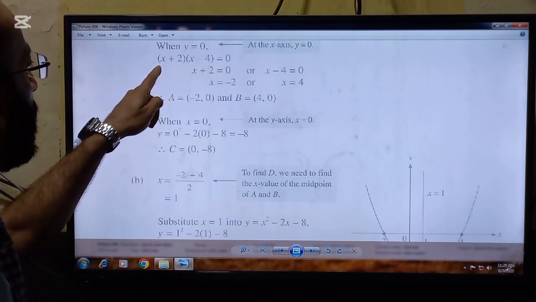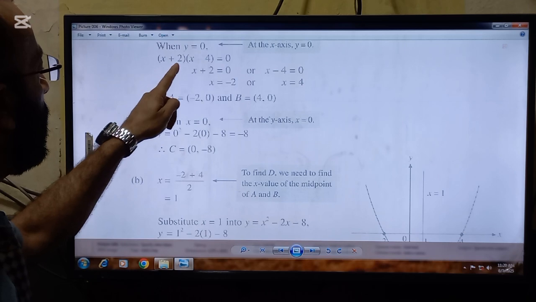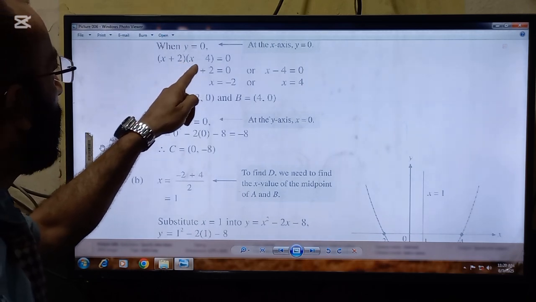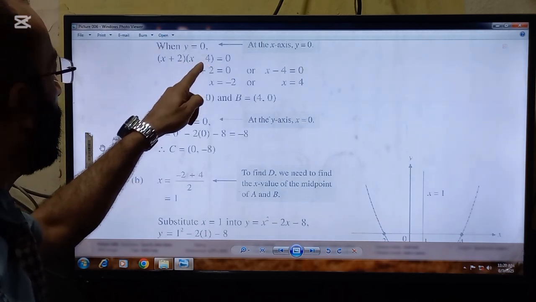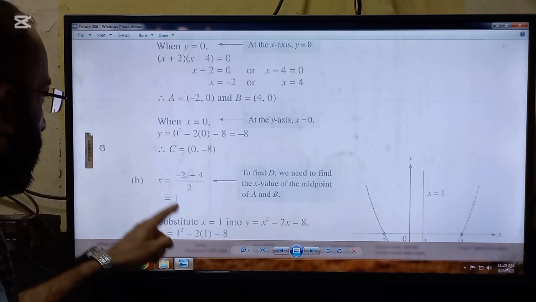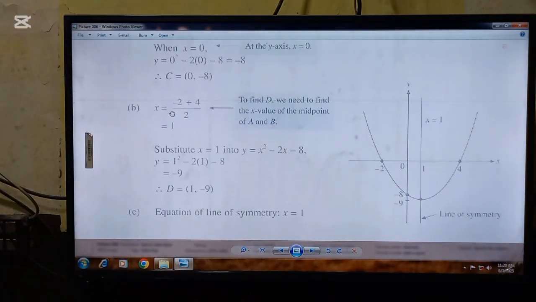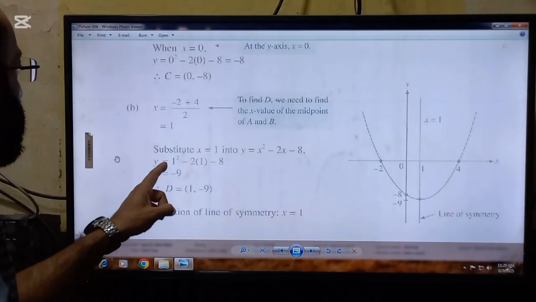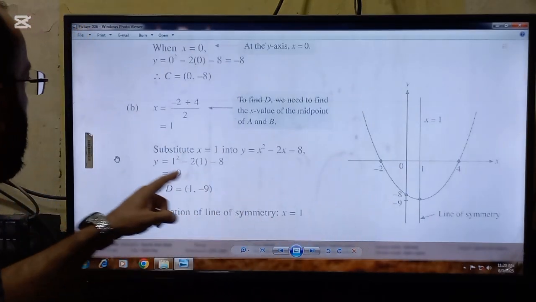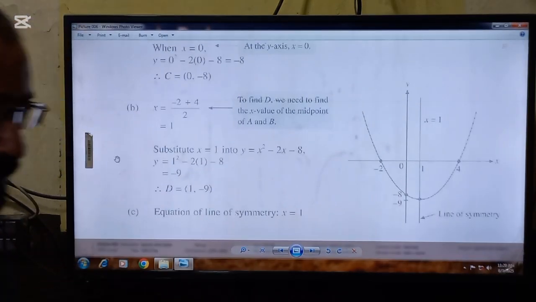We will put 1 over here, that will be 1 plus 2, 3, and 1 over here, 1 minus 4 will be -3. So y will be -9. So the coordinates of D will be (1, -9).